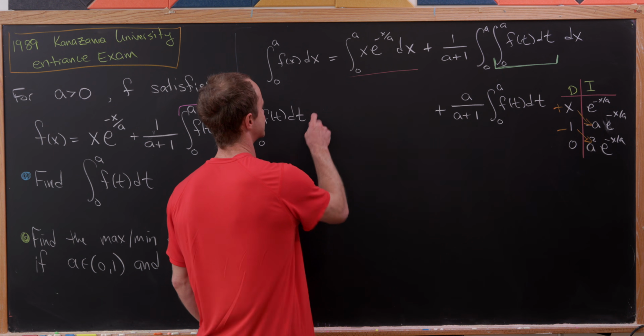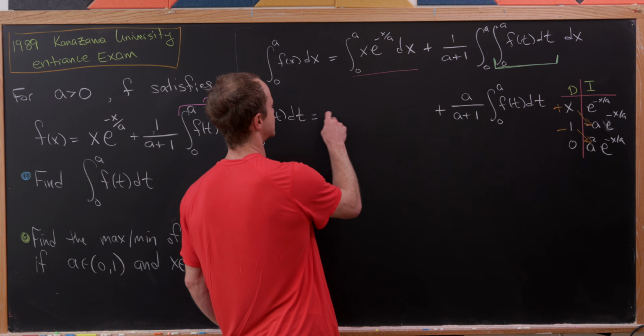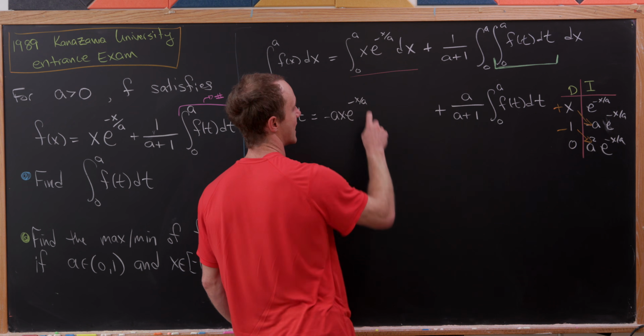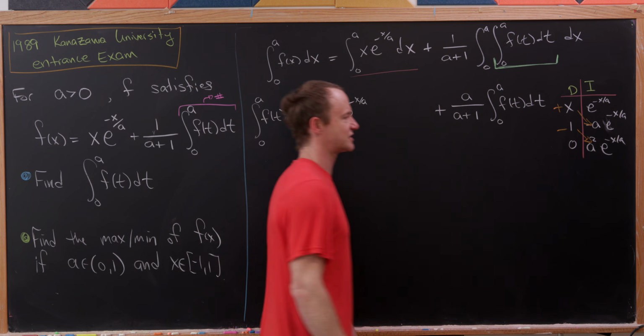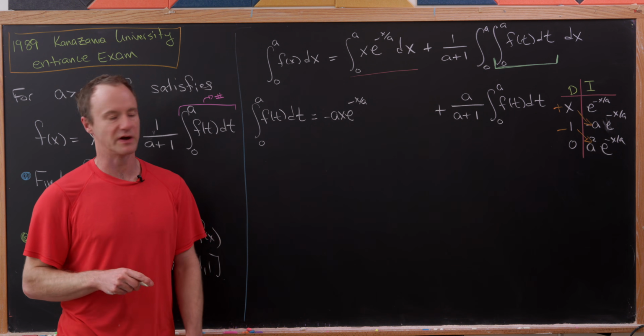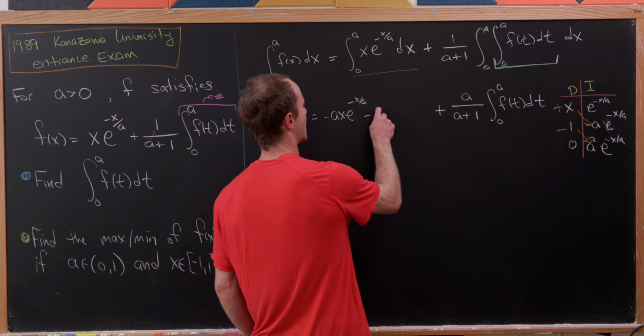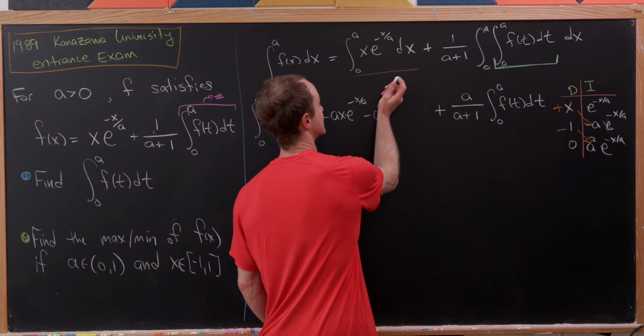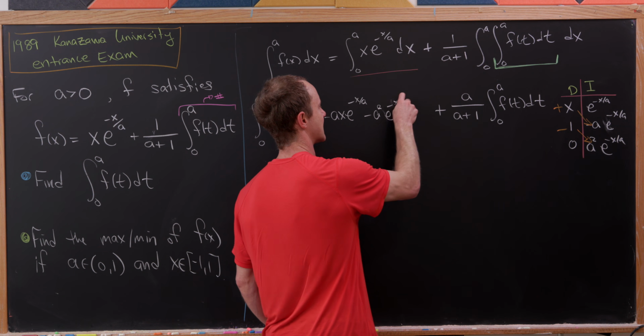Okay, so that's going to give us minus a times x times e to the minus x over a, where this minus sign attached to the a just got covered up by an arrow, but it is there. And then minus a squared times e to the minus x over a.